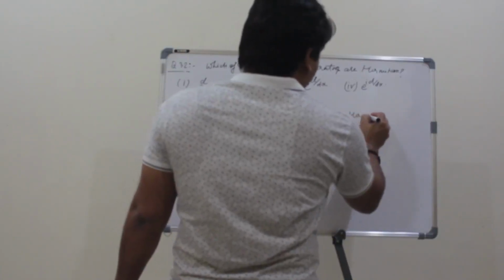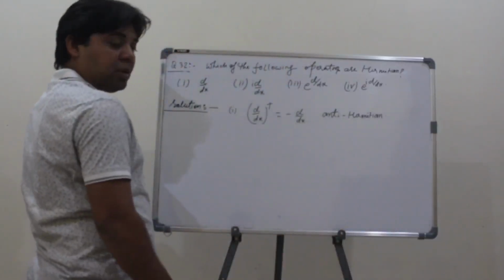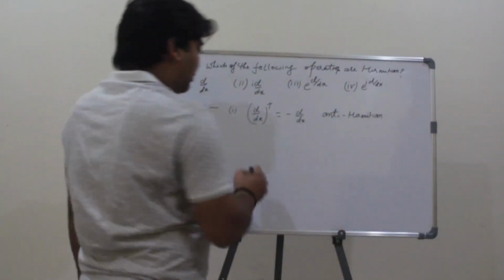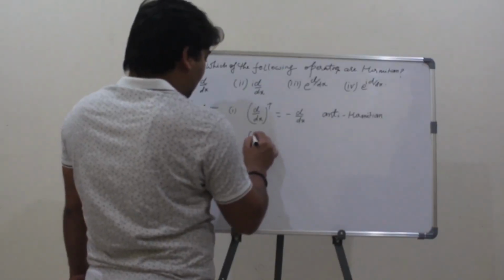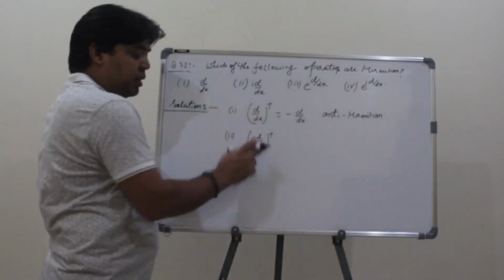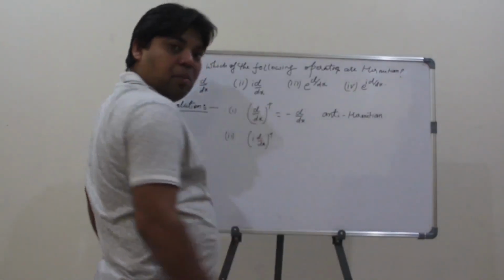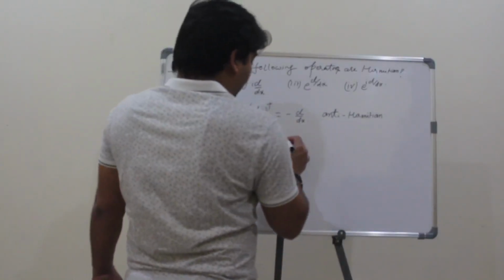This is one important result every physics student should remember. The second one is i d/dx. Remember that i d/dx is nothing but your momentum operator, multiplied by h cut.